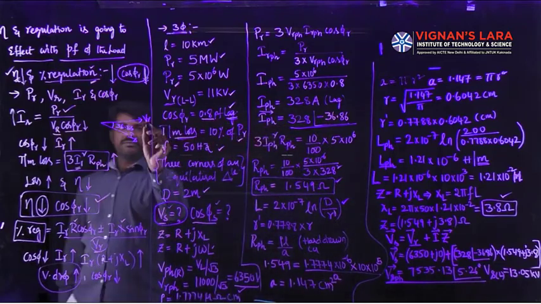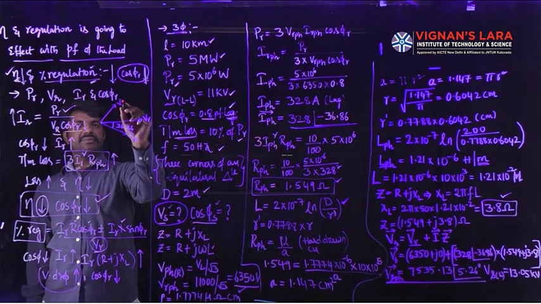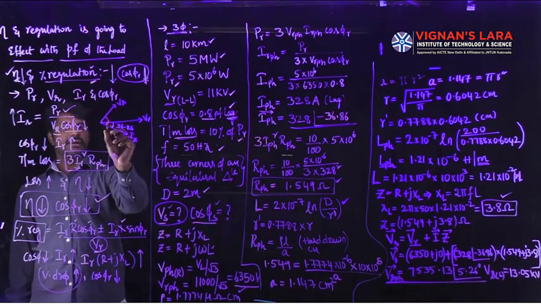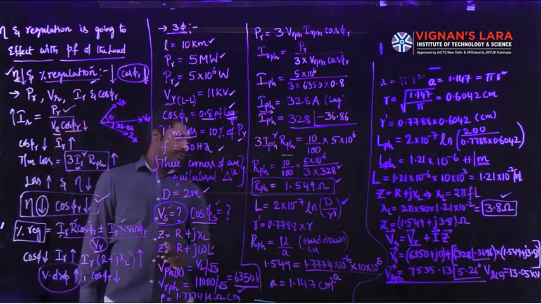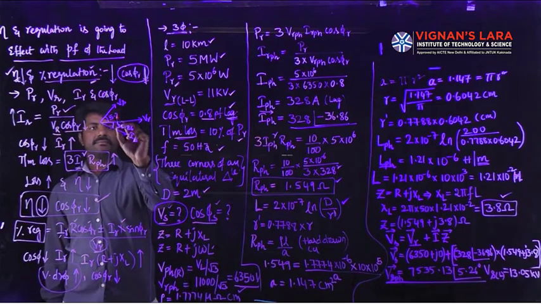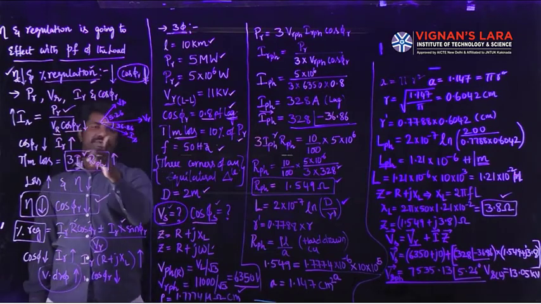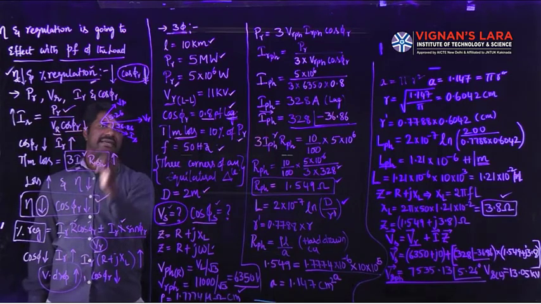Means with reference to this VR, we can guess that this is Vs which is leading. That is why it is drawn in the first quadrant. By what angle is it leading? 5.26 degrees. Okay. So leading is drawn in the first quadrant, lagging is drawn in the fourth quadrant, taking the reference as VR.